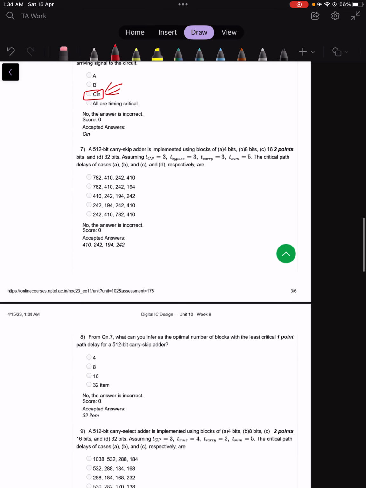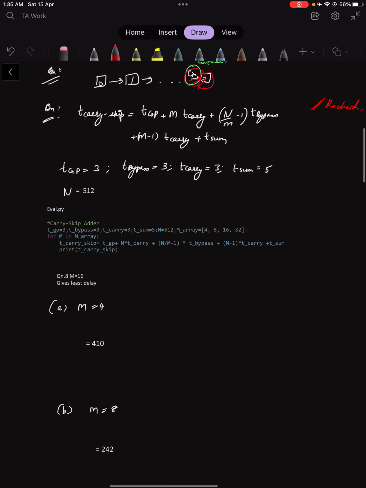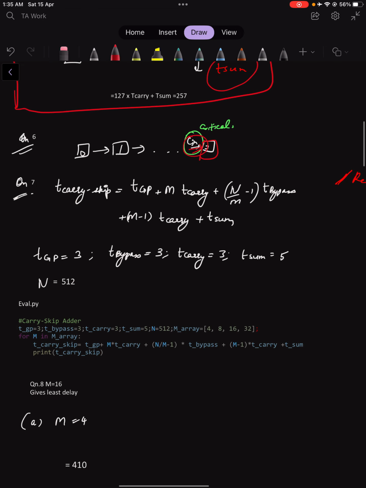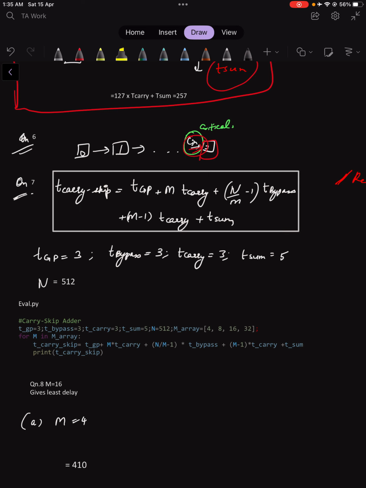Question 7. A 512-bit carry skip adder is implemented using blocks of 4, 8, 16 and 32. T GP, T bypass, T carry and T sum are given. The critical path delays of A, B, C and D are asked. This is a straightforward substitution into the formula, as indicated. You will obtain the answer when you substitute into this formula.